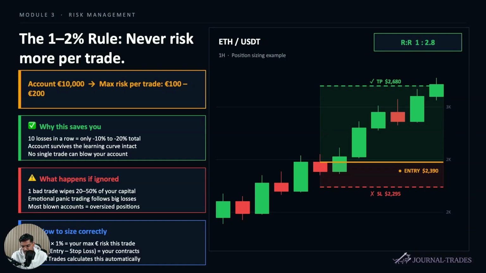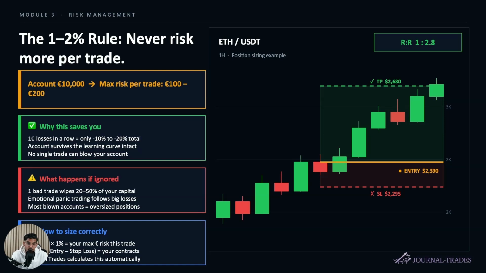So if you take 10% risk per trade on a $10,000 account, it's $1,000 risk per trade. But if you say, no, I think the price really is about to move in my desired direction, I will just move my stop loss a little further down, that emotional panic causes very, very big losses to appear in your account, and that's not what you want.